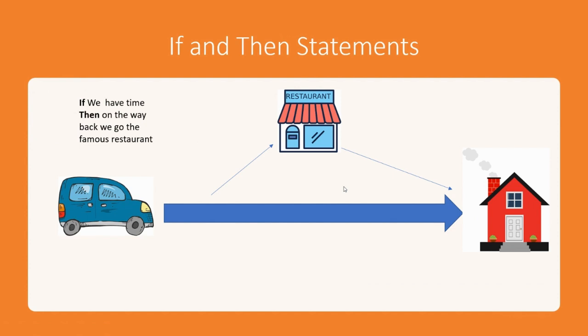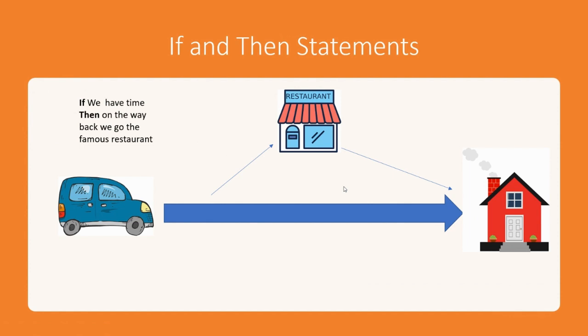It shows how decisions are made within a programming language or within a program. And we use if and then statements in our everyday lives. When we choose to do something or not to do something, we often base it on certain criteria.